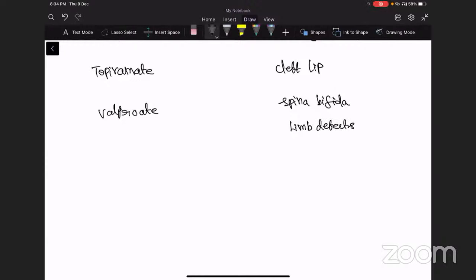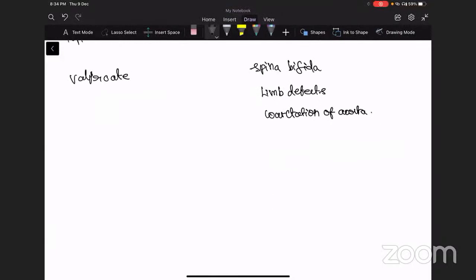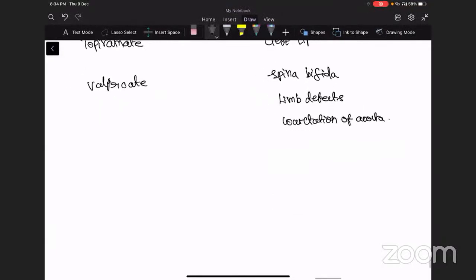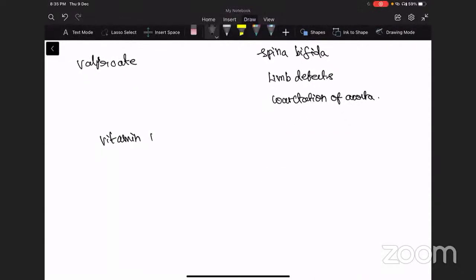Limb defects, coarctation of aorta. Yes, vitamin deficiency causing spina bifida. This has been asked in the previous exam.